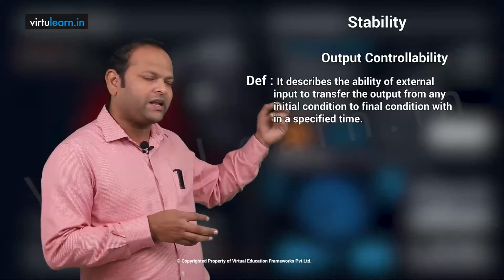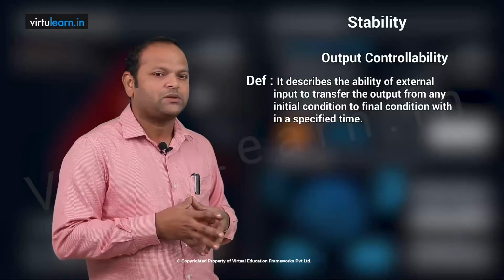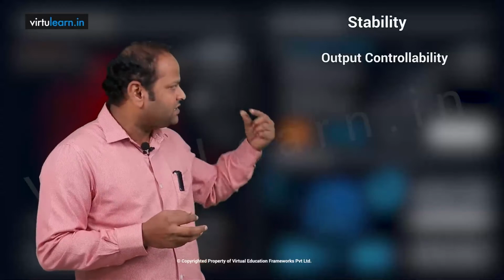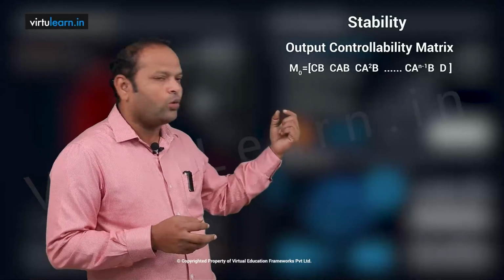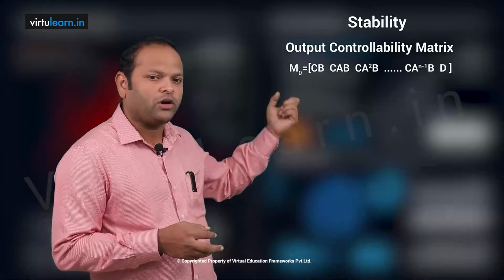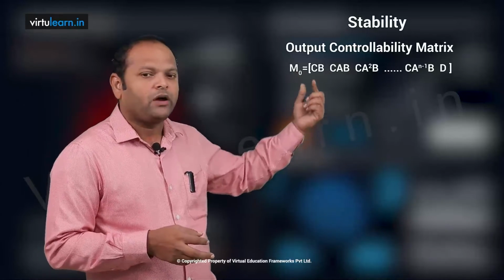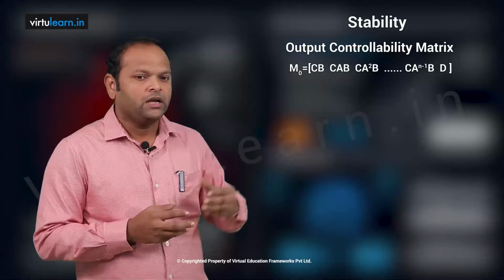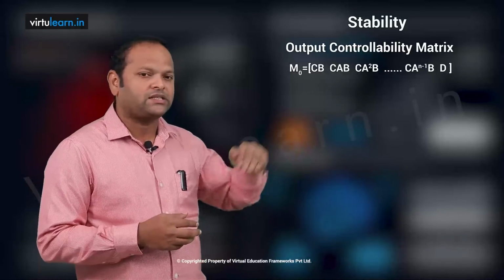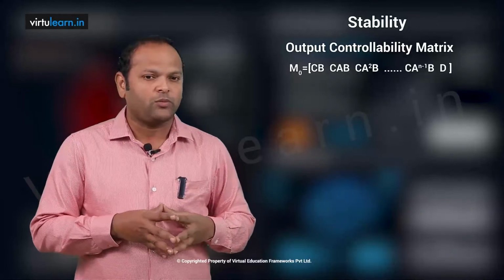Then we have a small test to know whether the system is output controllable or not. Let us define the output controllability matrix. This M_O stands for output controllable: it is CB, CAB, CA square B, and so on up to CA^(n-1) B. So with the help of the A, B, and C matrices, we can define output controllability.